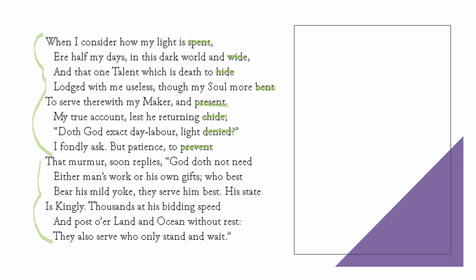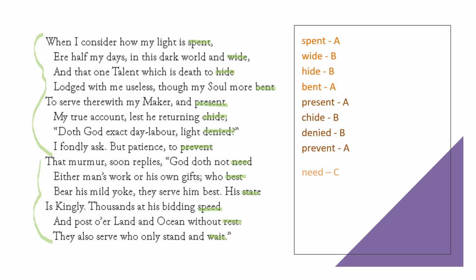And then we have the words need and speed, which make them CC, best and rest, DD, and state and wait would be EE. And thus we have the rhyme scheme of ABBA, ABBA, CDE, CDE. I hope the rhyme scheme is now clear for you.